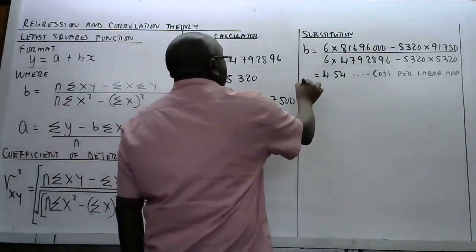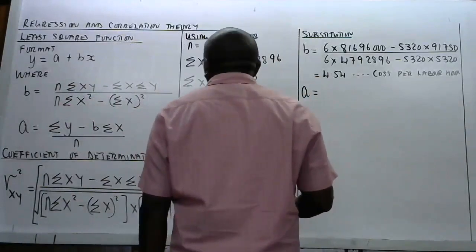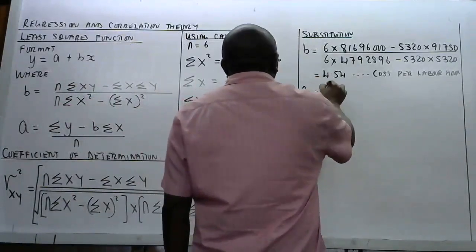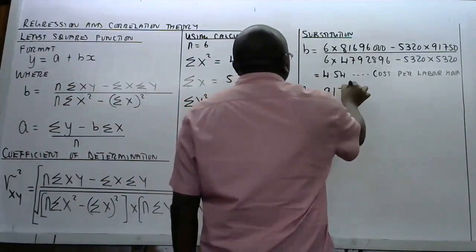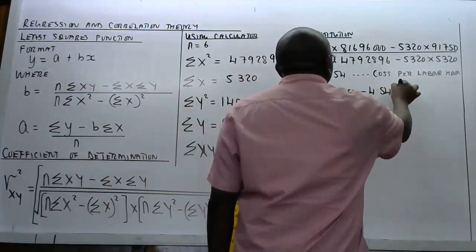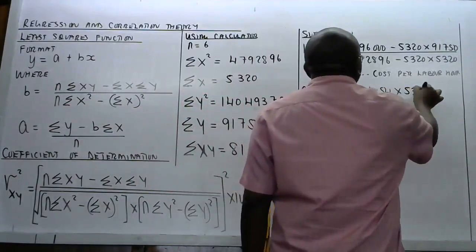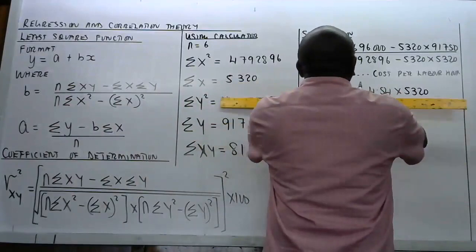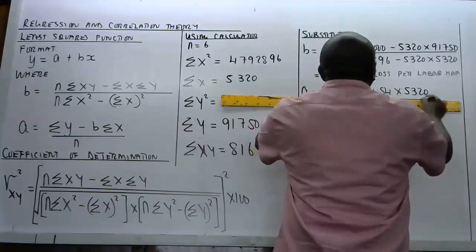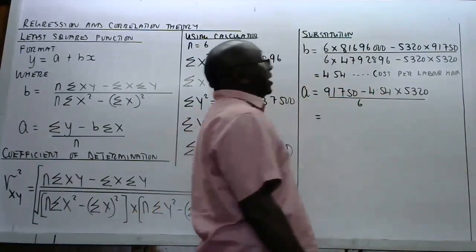Then we get A. So A, we are going to have a sum of y. Sum of y is 91750 minus 4.54 times sum of x, which is 5320. You divide it by 6. Divide it by 6.